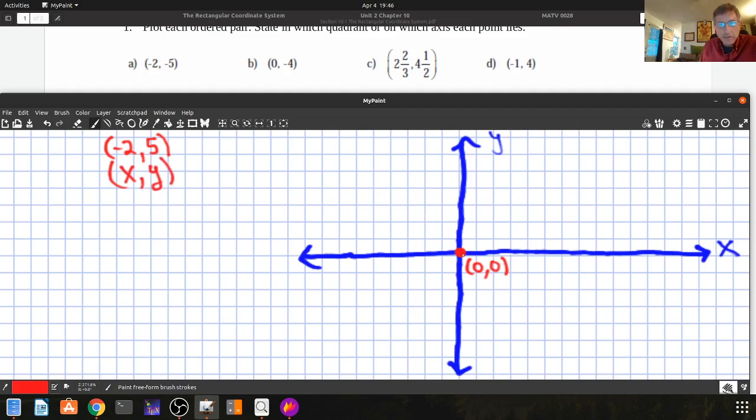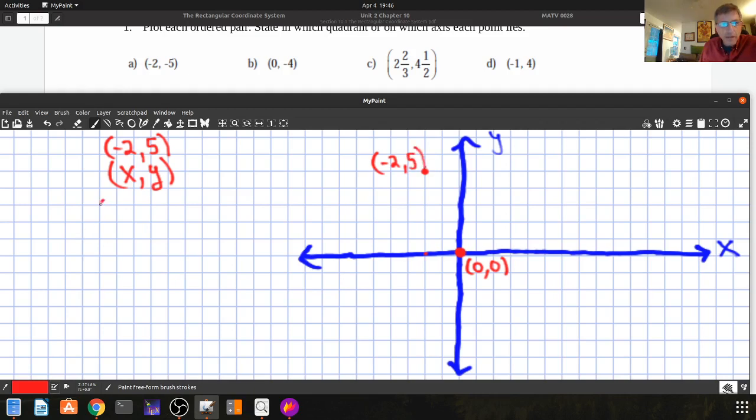So this says start at the origin and go to the left 2. -1, -2 puts me right here. Then go up 5. That's 1, 2, 3, 4, 5. So right here I have the visual representation of -2 and 5.